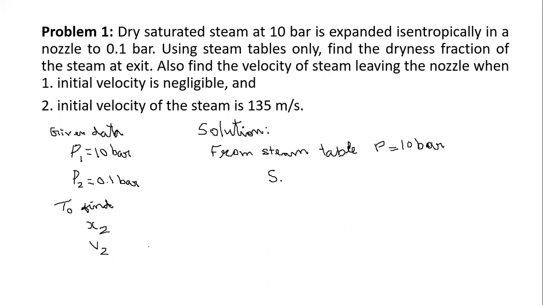For dry saturated steam, S1 equal to SG1, which is equal to 6.583 kilojoule per kilogram Kelvin.